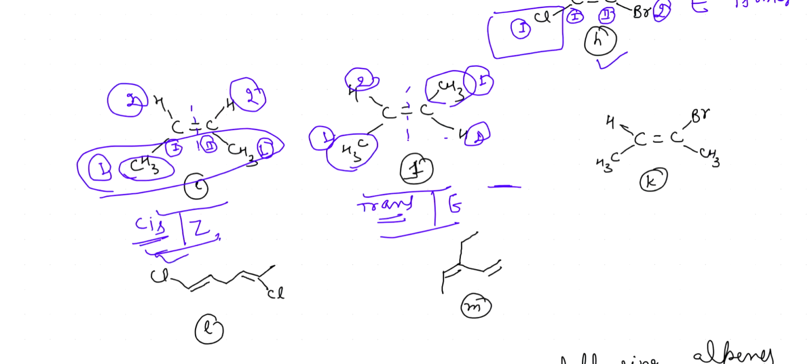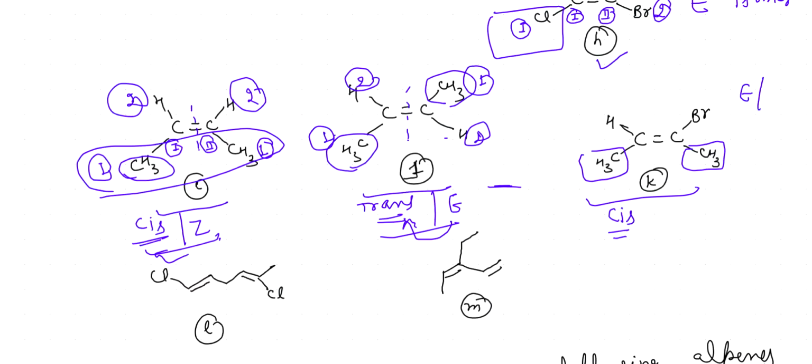It will be more clear from some other examples also. Clear? So example number K. In this, if you look at these two methyl groups, they are present on the same side, then we will name it as cis isomer. Clear? But if we look at the EZ isomers, clear?